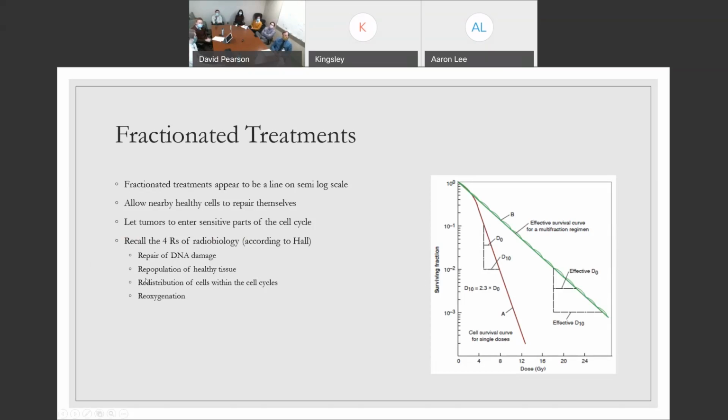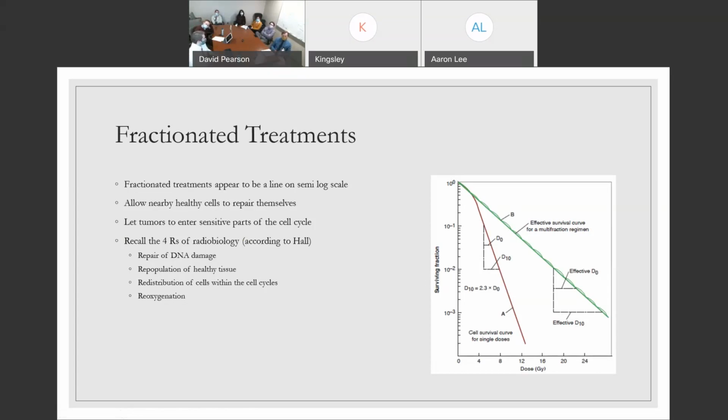The cancer cells we want to target will redistribute within the cell cycle, meaning if the first time you shot it, it wasn't at the most sensitive part of the cell cycle, maybe the next time around it will be. And then reoxygenation: as the tumor shrinks, hopefully more oxygen is able to get to the center of the tumor, and these cells will become more sensitive as a result.